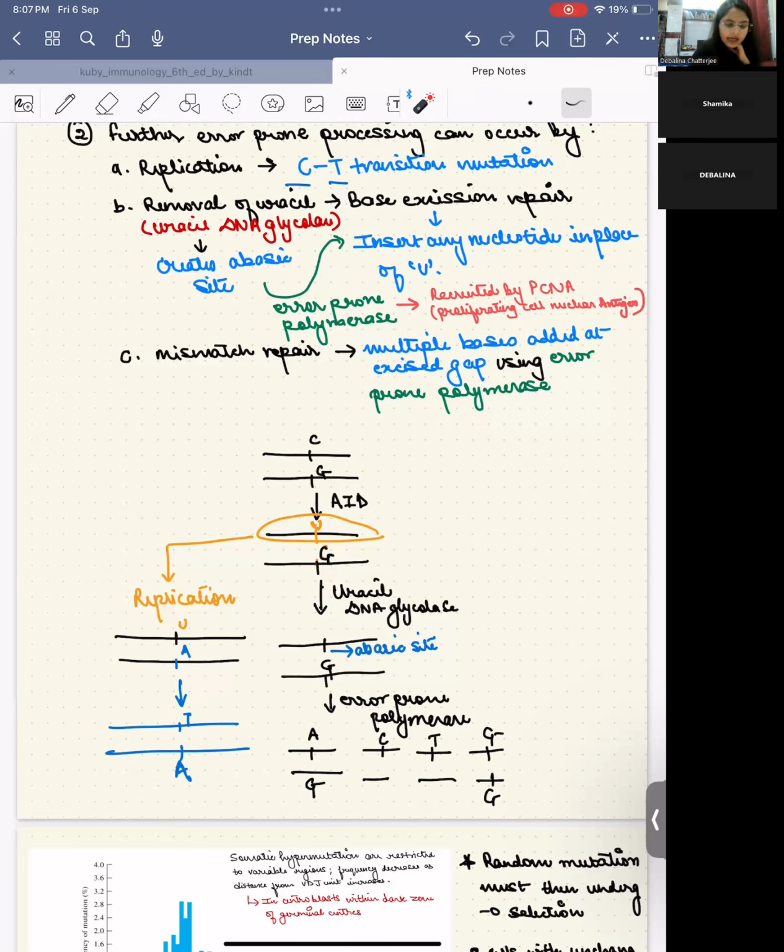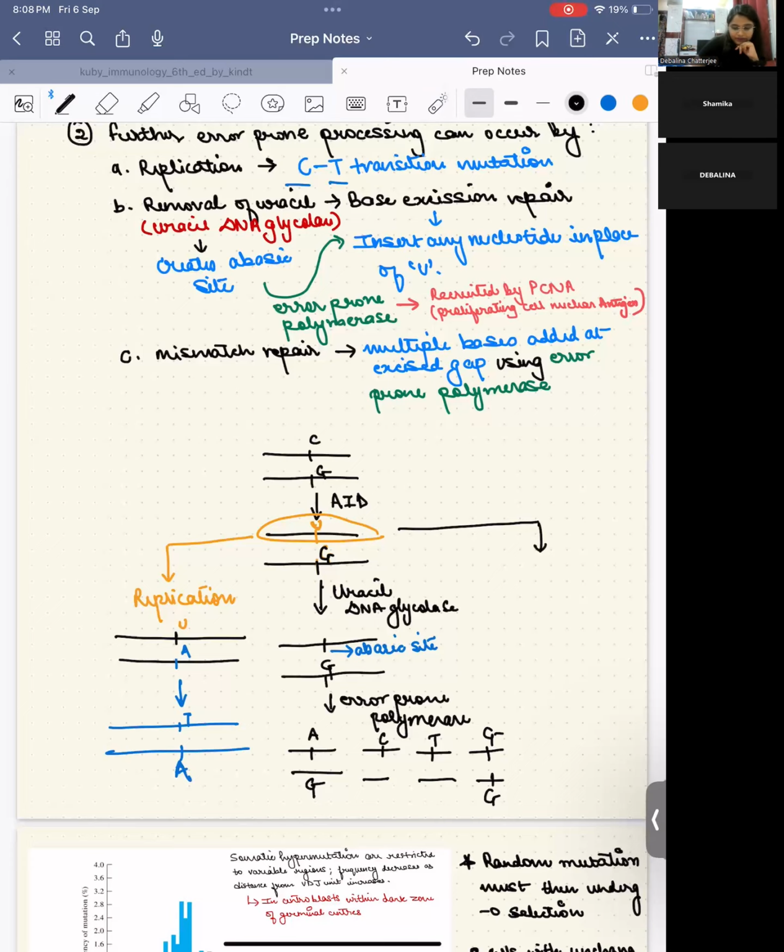I'll check that. It might be a transcription factor, because it's these factors only that load the polymerases. So it might be a factor that is loading this polymerase, which has a tendency of giving error-prone results.